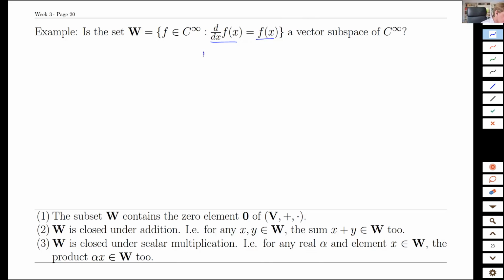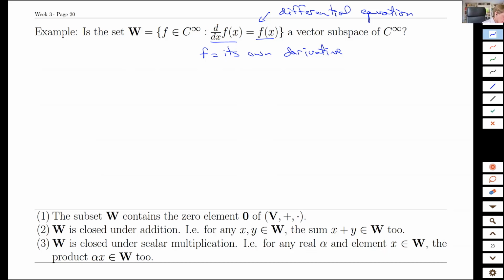So f equals its own derivative. And for those paying attention, this is a differential equation. It's an equation that has some unknown function in it, and the equation involves the derivative of f, and we're trying to figure out stuff about f.